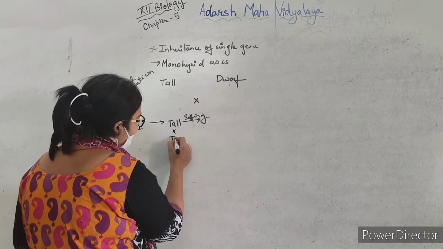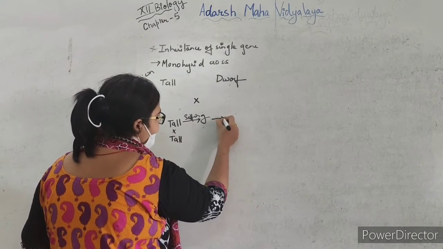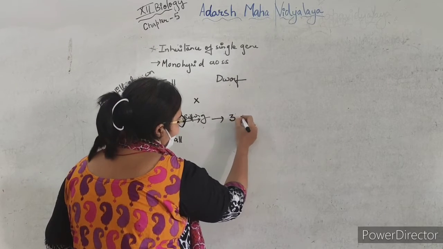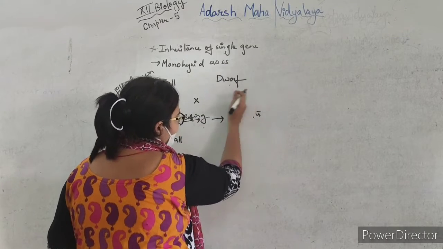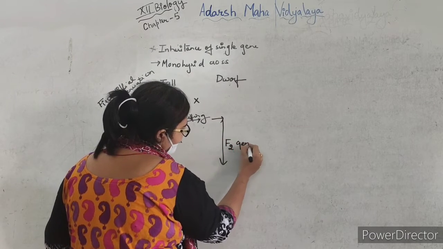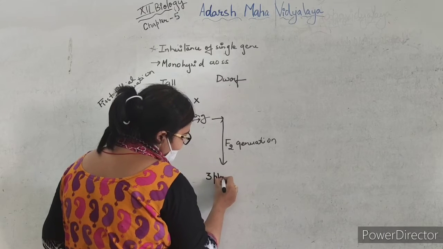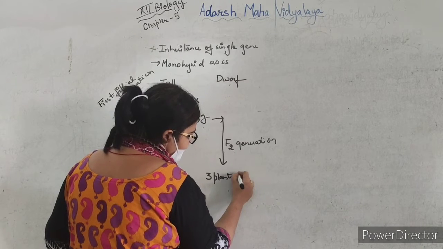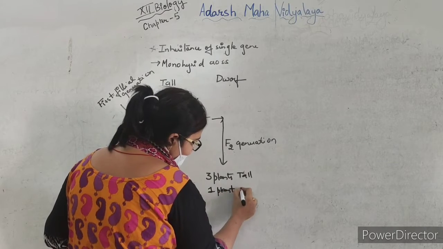He crossed those two tall plants and he got the result, which was, in the F2 generation, 3 plants tall and 1 plant dwarf.